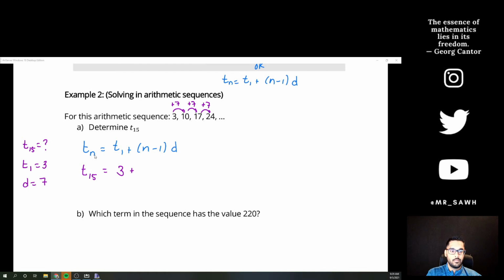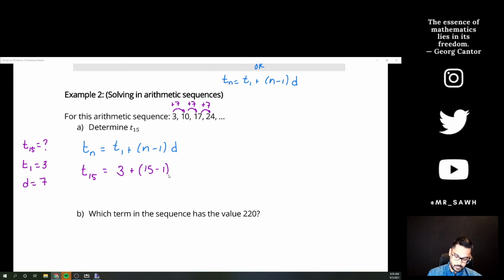Now, the 15th term, its value is represented by Tn. That term number is 15. Those n's are the same thing. So 15 minus 1 common differences. So the first term's already accounted for. In order to get to the 15th term, I need to include 14 common differences to get there. That's what this says, 15 minus 1. What did I forget? Oh, the common difference is 7.